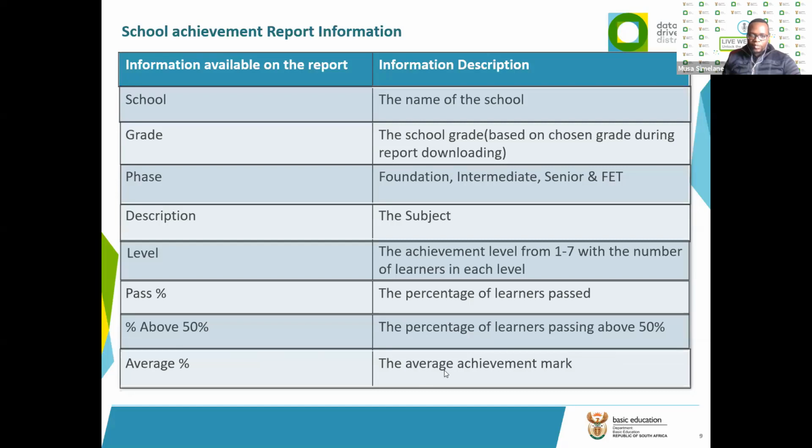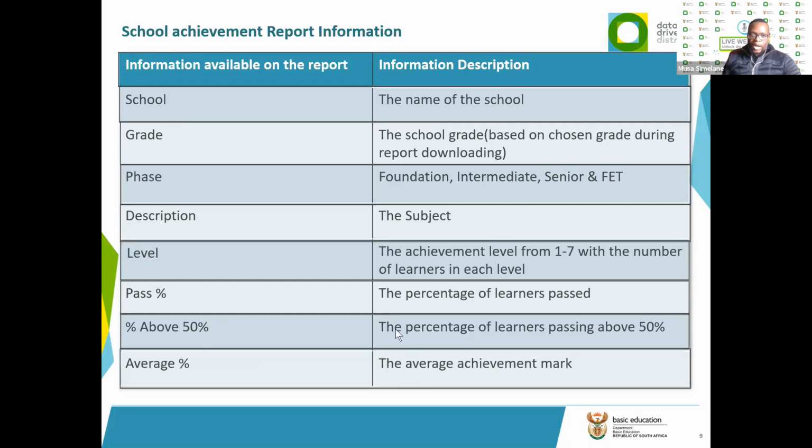The average achievement mark talks about the symbol. So if you take all those learners' reports and you add them up in an average, it'll give you the average performance for the symbol for the subject, right? Whereas the percentage above 50% takes the number of the learners in that subject, and it says how many of those learners performed with a symbol of 50%.